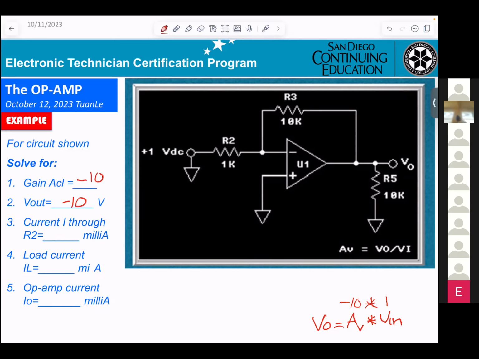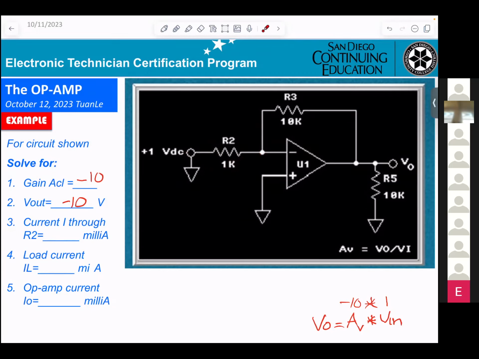Okay. Now they want the current I through this R2. That means the current here, which is divided by R1. Now remember, they want the current here, right? This is 1 volt. This is 0, right?